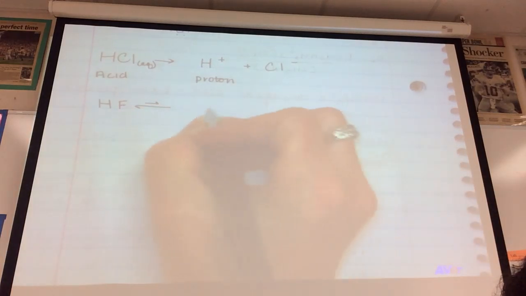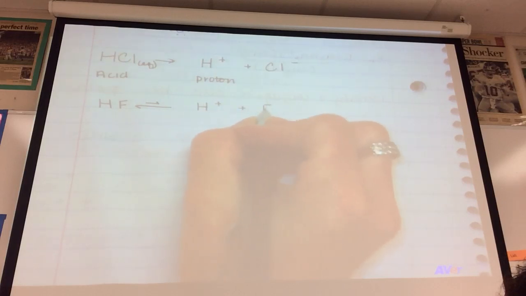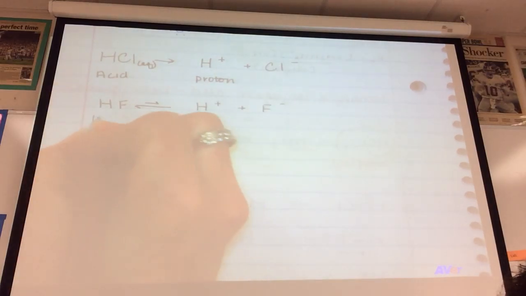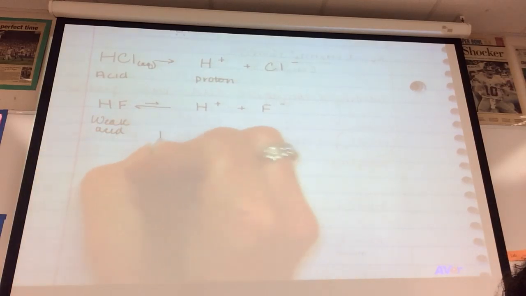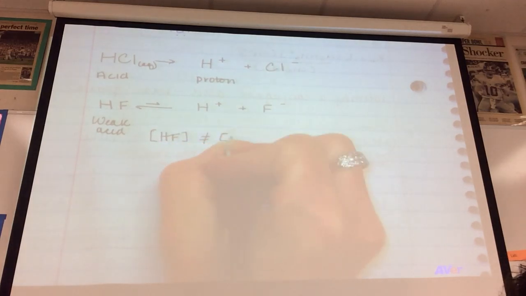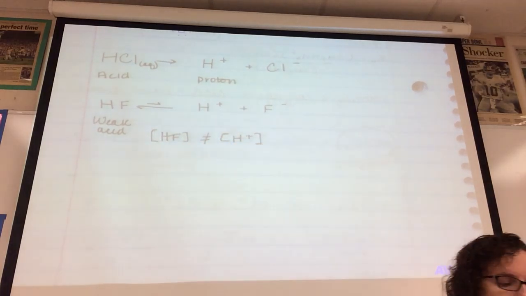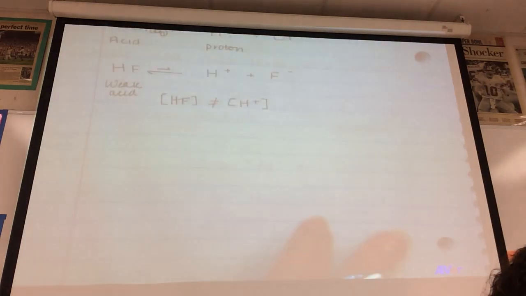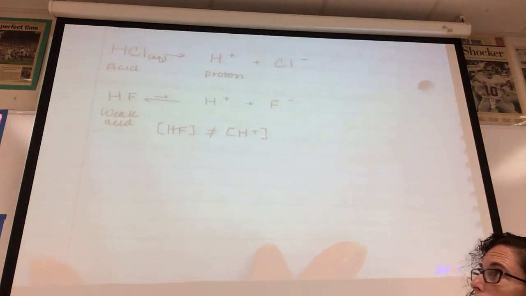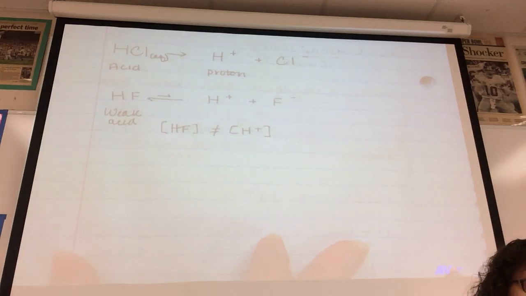Equilibrium lies far to the left, and the concentration of the weak acid and the proton would not be equal. And we'll get into that more probably next time. In contrast, with weak acids, it will always favor the acid, not the proton side. Correct.